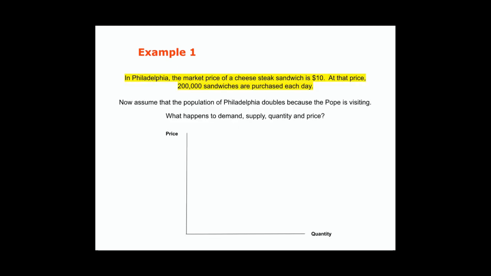Well, we start out by drawing a two-dimensional graph with price on the y-axis and quantity on the x-axis. We draw an upward sloping supply curve and a downward sloping demand curve, and we know from the facts that the equilibrium price is $10, and at the equilibrium price of $10 the quantity demanded and the quantity supplied is 200,000 sandwiches.